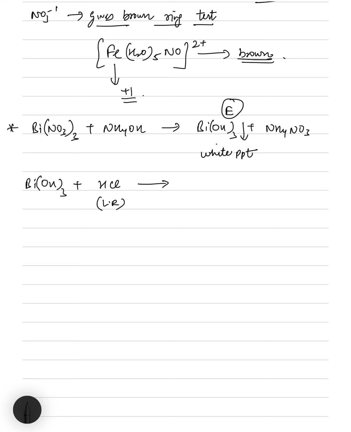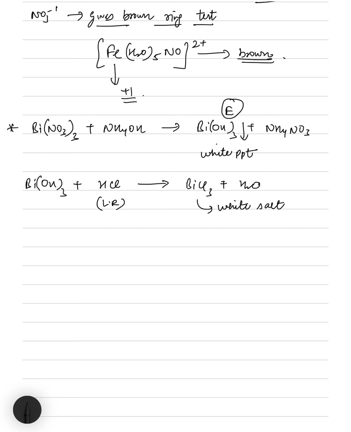Again an ionic reaction will take place and we get BiCl3 along with H2O, right? BiCl3 is again a white colored salt.